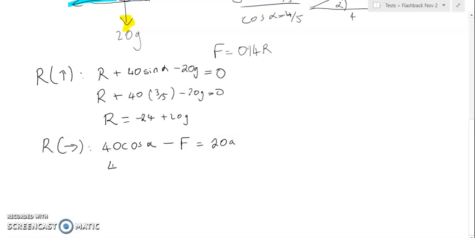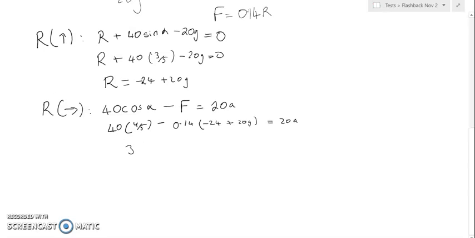That's 40 times cos alpha, which we wrote as 4/5, take away friction, but friction is equal to mu R, so 0.14, and then this is where we need the R that we worked out earlier: R is minus 24 plus 20g, and that's equal to 20a. So that's 32 take away 0.14 times minus 24 plus 20g, all divided by 20, and that's going to give me a.